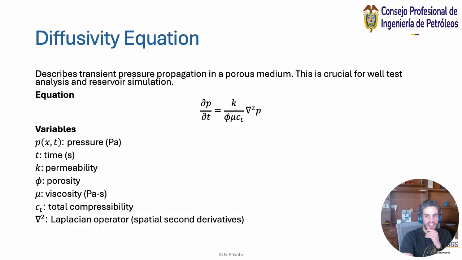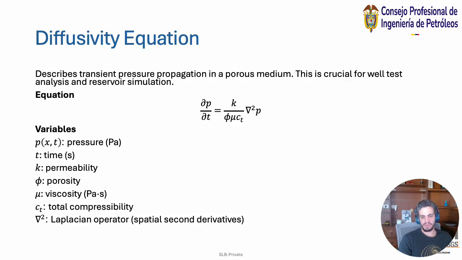So when we want to define all our variables here, we have pressure, right? And pressure with respect to time. We're familiar with permeability, viscosity. We're introducing phi, which we've seen earlier, which is porosity. And then the total compressibility.